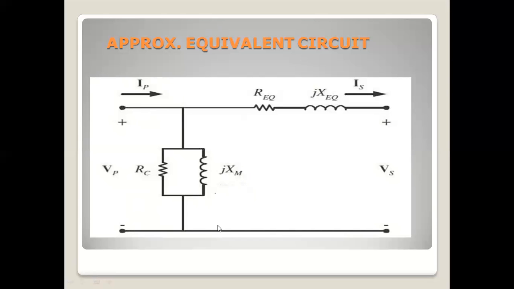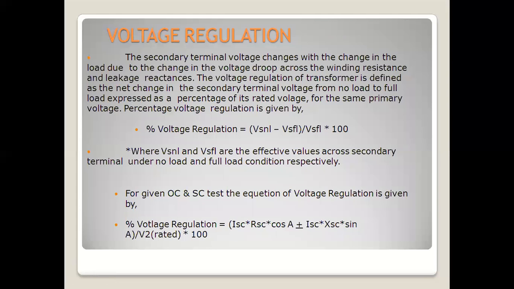This portion is found from the open circuit test, and this portion is found from the short circuit test. There is a no load component from the open circuit test, and the equivalent resistance and the leakage reactance of a transformer from the short circuit test. From those two tests, we can draw the approximate equivalent circuit of a transformer.